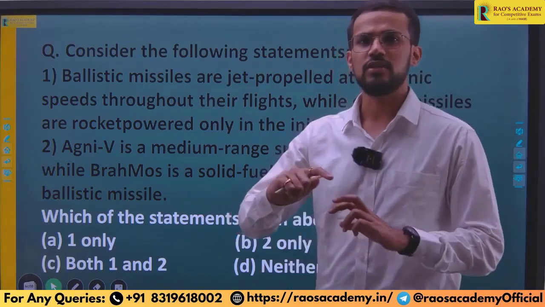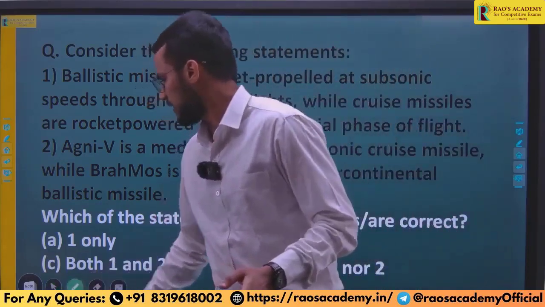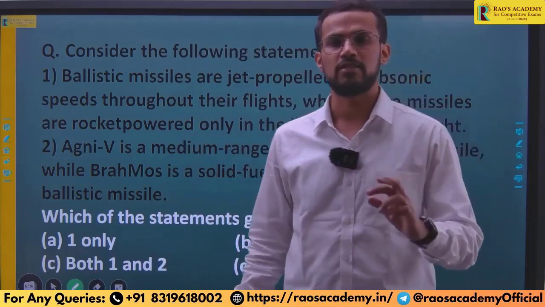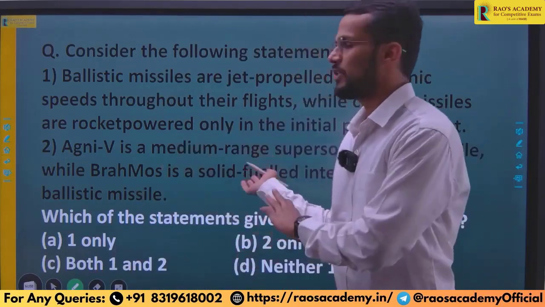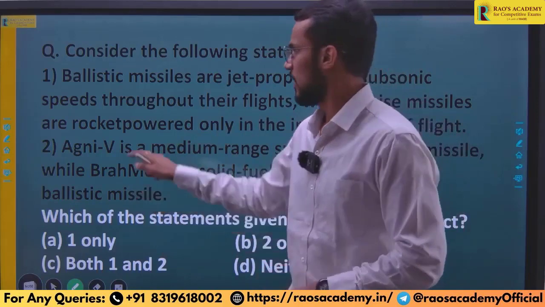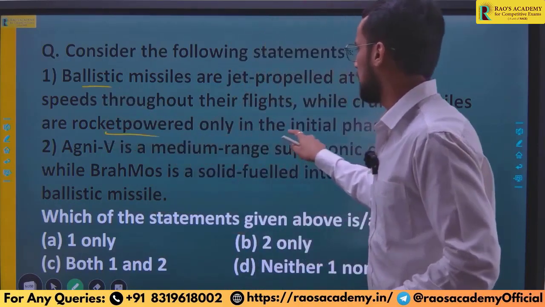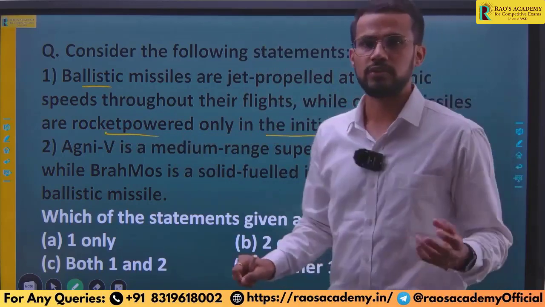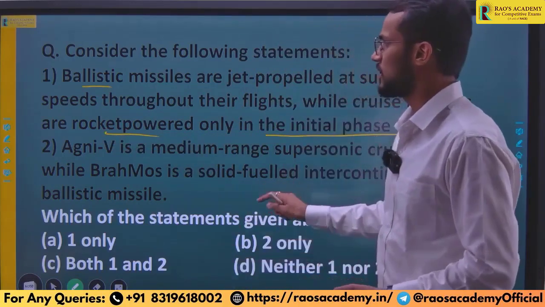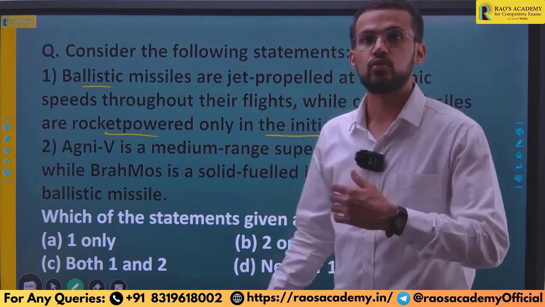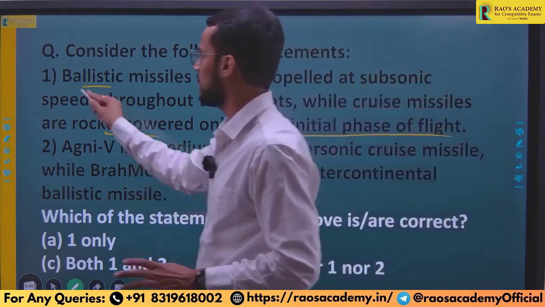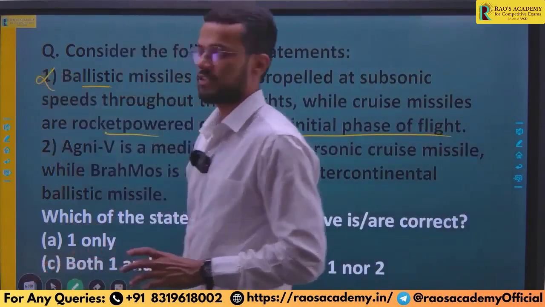Now in this question, the statement related to ballistic and cruise missiles has the information flipped, reversed. Actually, it is ballistic missiles which are rocket powered, that too only in the initial phase of their flight, and it is cruise missiles that are jet propelled throughout their flight. And that's why the first statement is incorrect.